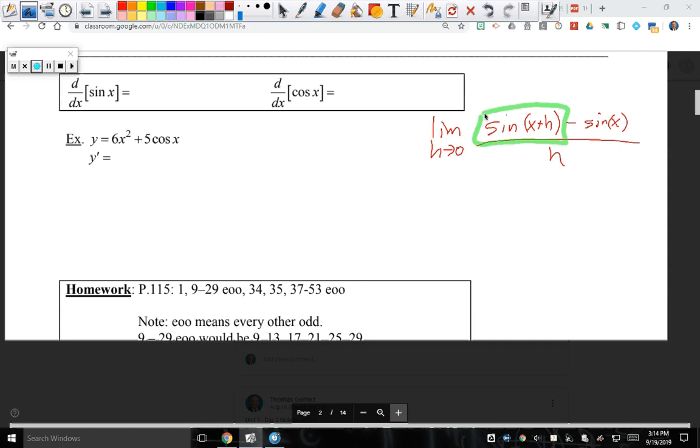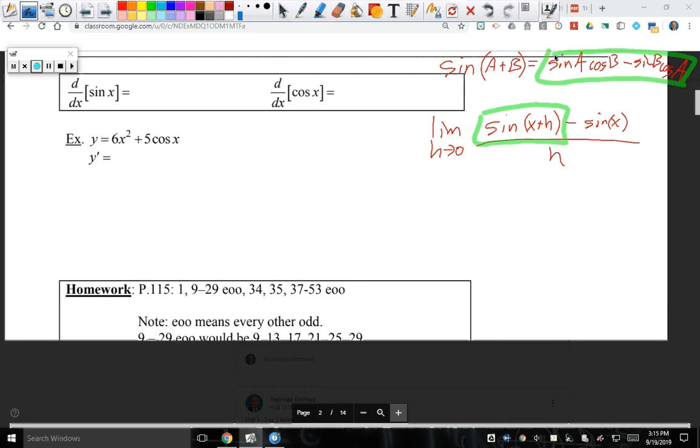What was it? It's not negative cosine. What is the identity of sine of a plus b? Is it just cosine? No. So sine of a plus b, remember in trig? It was like sine of a cosine of b, plus, no, oh, minus sine of b cosine of a. Do you all remember that?